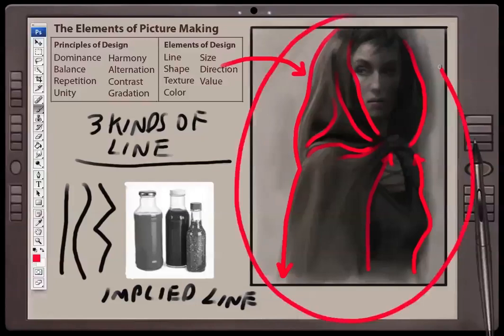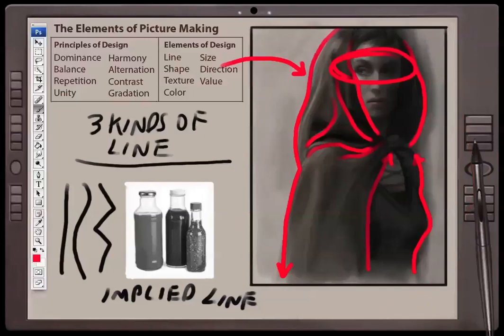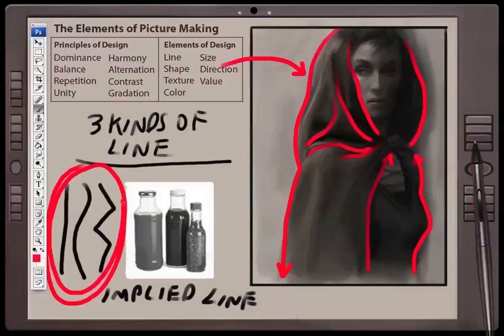These kind of implied lines, as well as the psychological sight lines that I mentioned, are referred to as compositional lines. However, actual lines, like these here, for example, lines that look like real lines, can also be used within a composition to direct the viewer's eye around the composition.